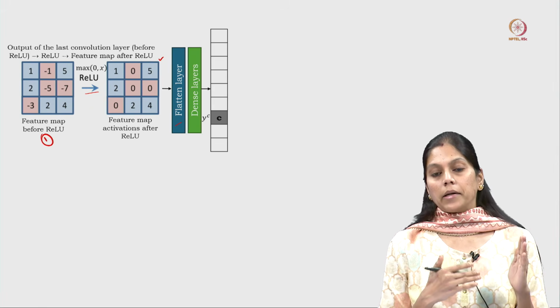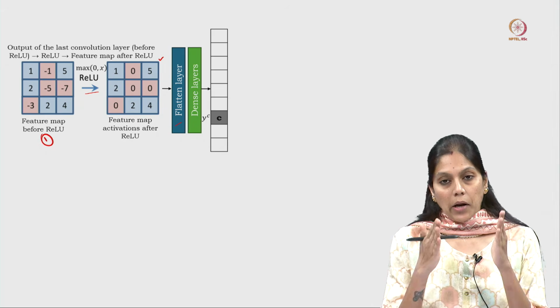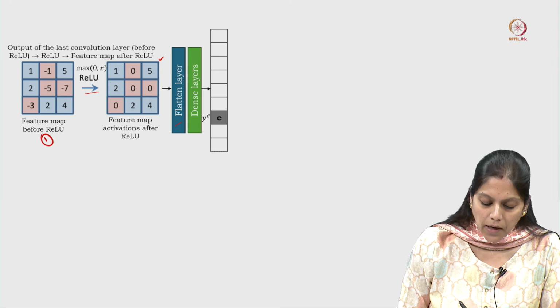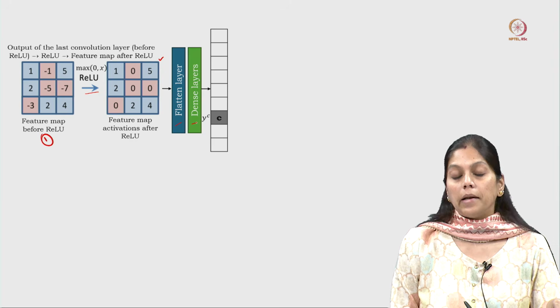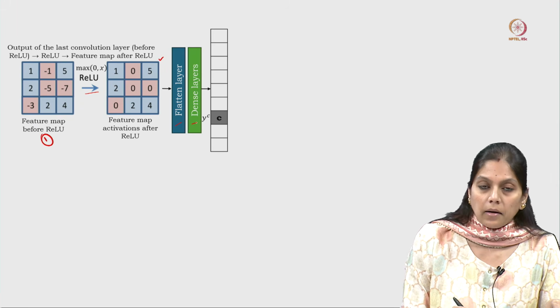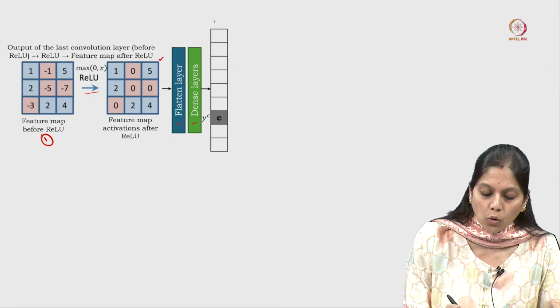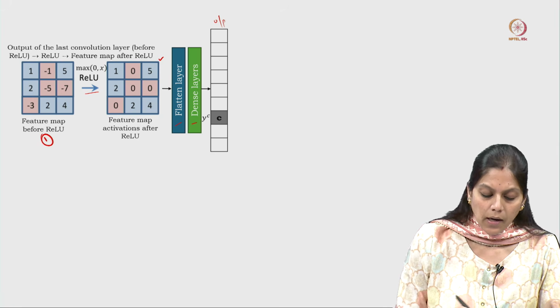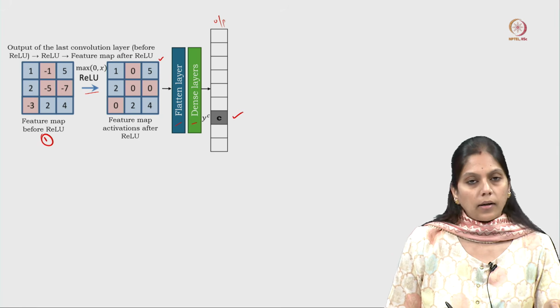Whatever matrix we have obtained, it converts that into a single vector. From the flattened layer, we pass it to the dense layers. So, here we have a fully connected neural network. Then at the last dense layer, we have an output.